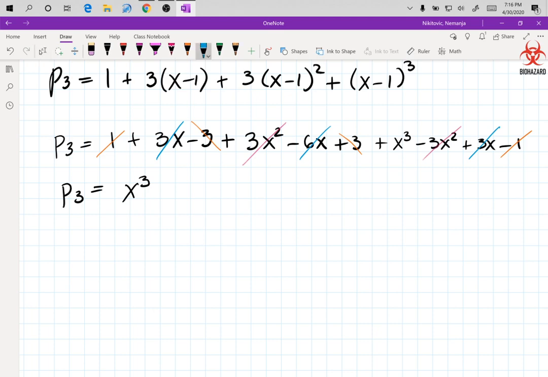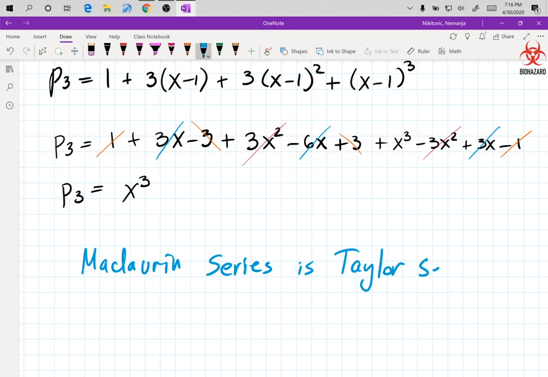I'm not going to go red for it. I'm just going to say Maclaurin series is Taylor series centered at a equals 0.